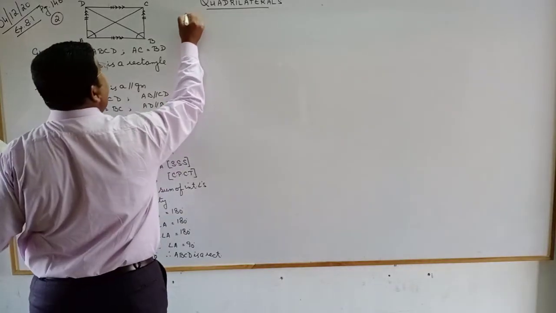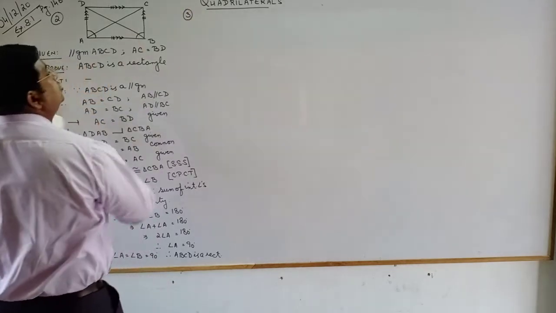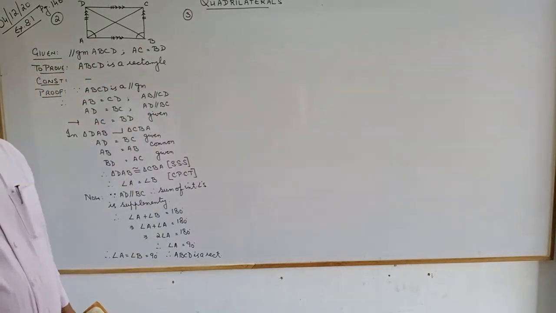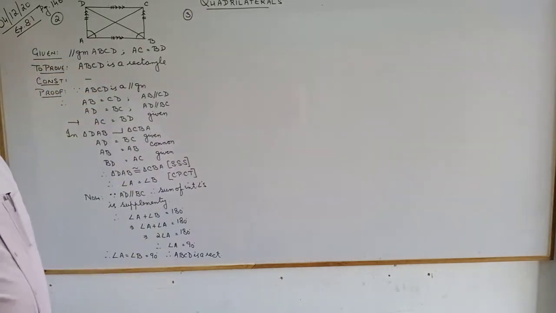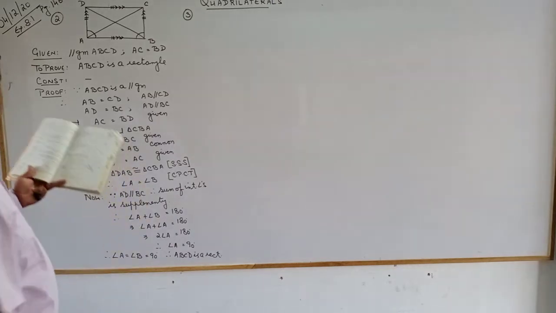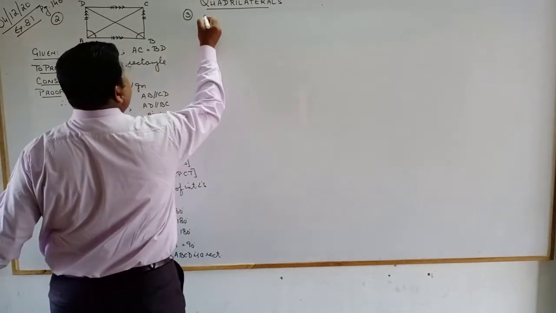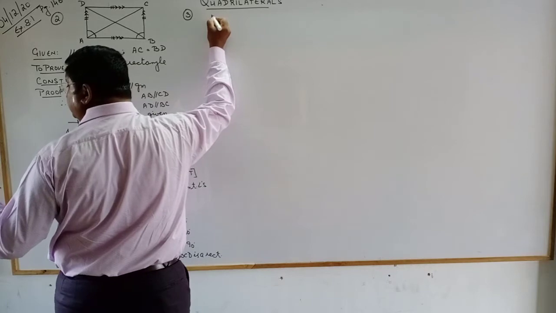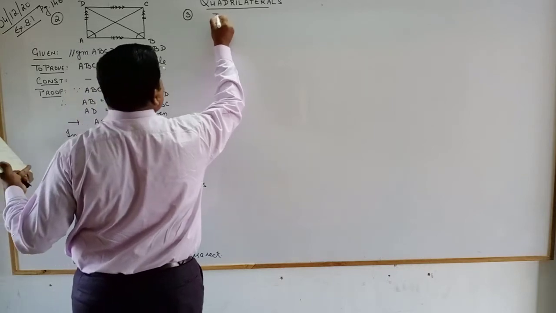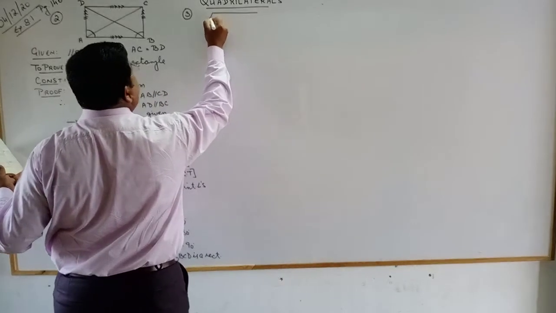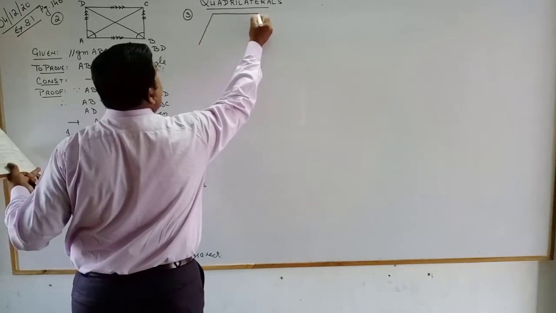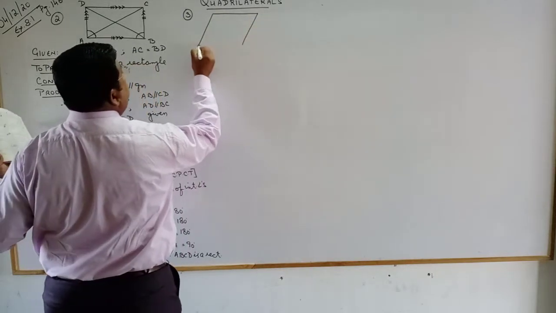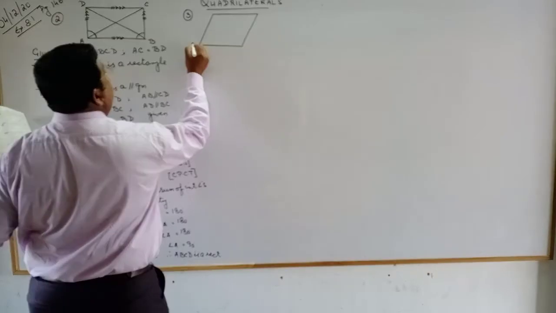All of us know the properties of a rhombus. Students, you should know the properties of rhombus and parallelogram from class 8th. Please revise it. What does he say? If the diagonals of a quadrilateral bisect each other, he does not say parallelogram, he says it is a quadrilateral. Quadrilateral means four-sided figure, so let us draw a quadrilateral.